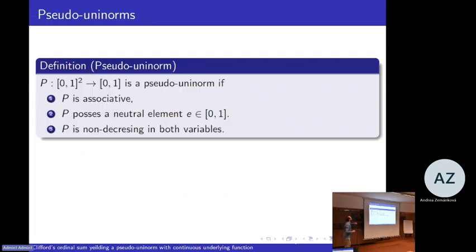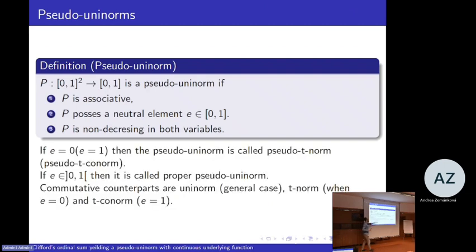let's speak about what a pseudo-uninorm is. The "pseudo" stands for what we think of as a non-commutative counterpart of the uninorm, and otherwise it's basically a known fact.